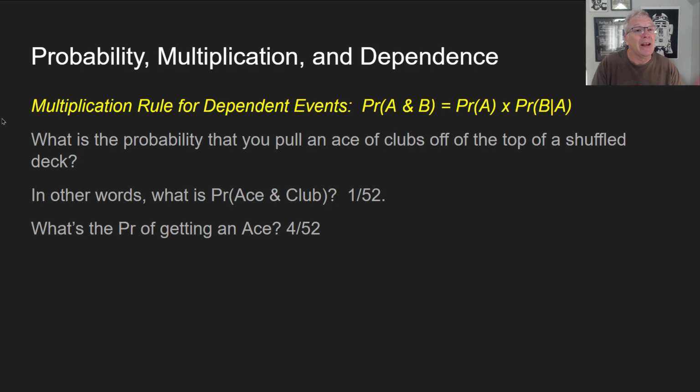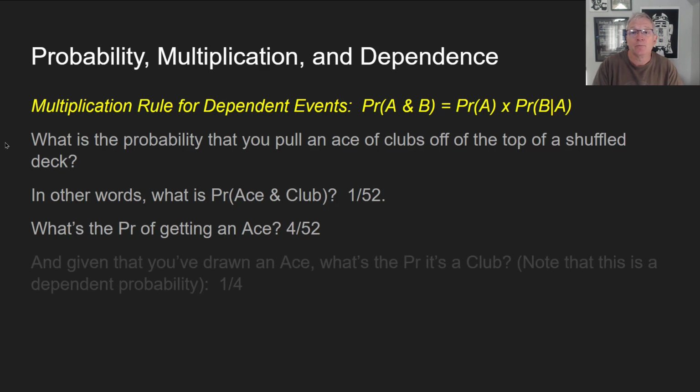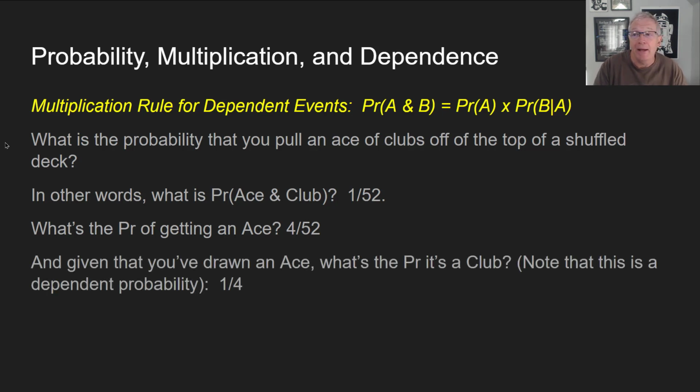What's the probability of getting an ace in the first case? Well, there's 4 aces in the deck. Given that you've drawn an ace, what's the probability that it's a club? Note that this is a dependent probability. If I pull a card off the top of the deck and it's an ace, now what's the probability that, given it's an ace, it's also a club? Well, 1 out of the 4 aces are clubs, so that's 1/4.